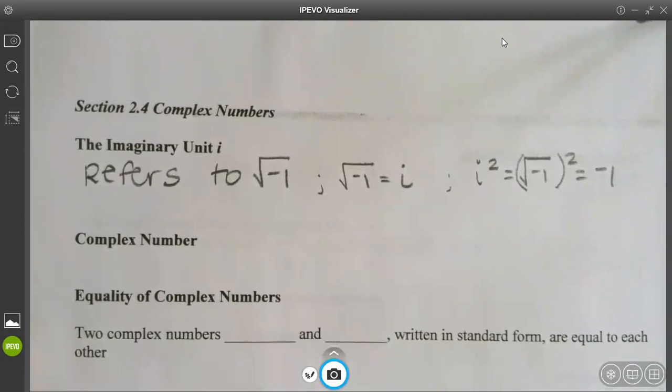So a complex number, imaginary just means they have i. Complex is like what we just worked with, where it has a real number and an imaginary number. So it would look like 2 plus 2i, or 2 plus square root of 2 i, or something like that.